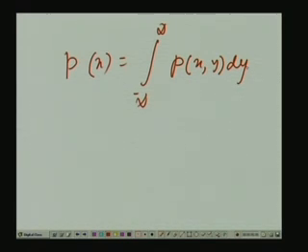Okay. The other one also follows very easily. Okay.